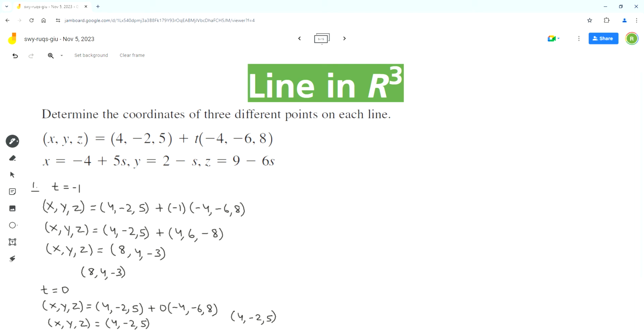Now we can find the third point that lies on this line by using t equals 1. So we should sub in t as 1 in the equation of the line.